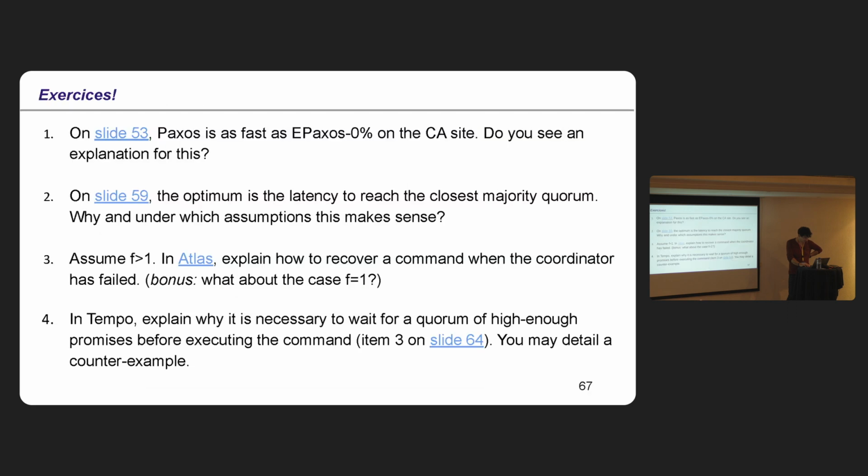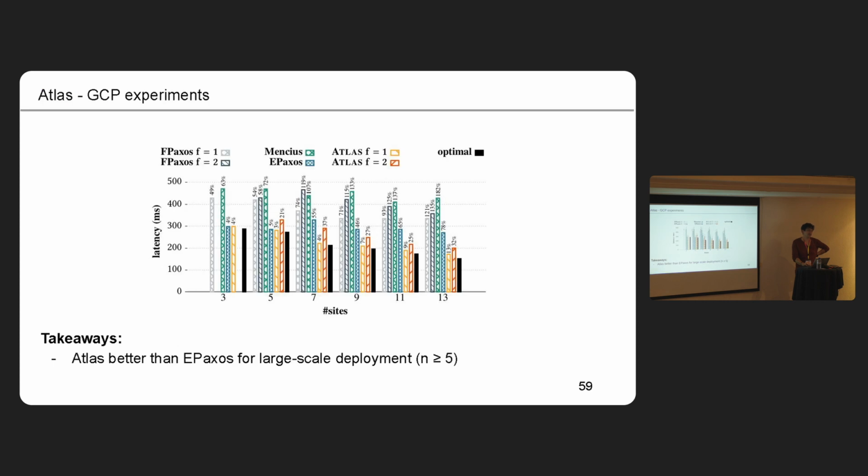Okay. Next question. On slide 59, the optimum is the latency to reach the closest majority quorum. Why, and under which assumption, does this make sense? In this slide, the black line is the closest majority quorum.